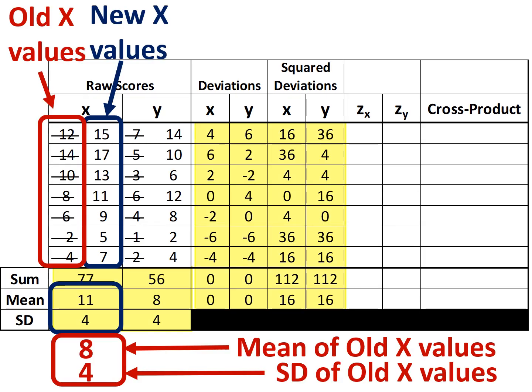Next, we looked at what happens to means, standard deviations, z-scores, and correlations when we transform a variable. We transformed x by using addition. Specifically, we added 3 to each old x value to get new x values. Then we looked at what happened to the mean and standard deviation.